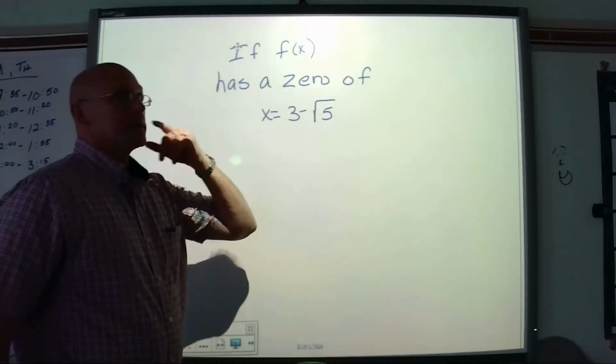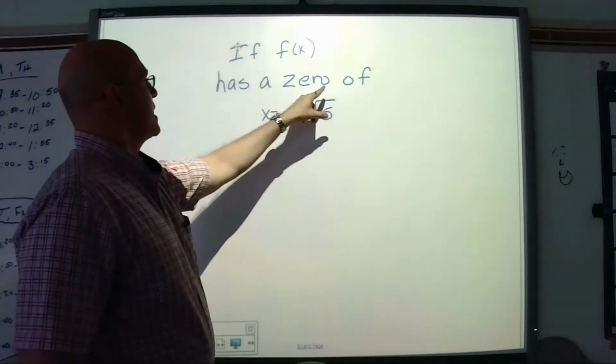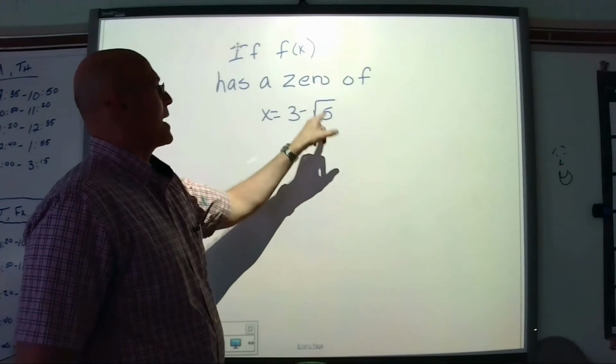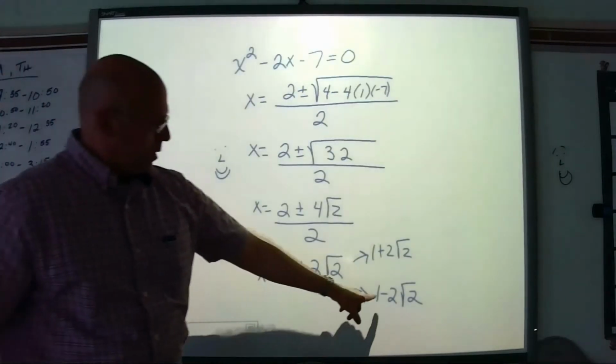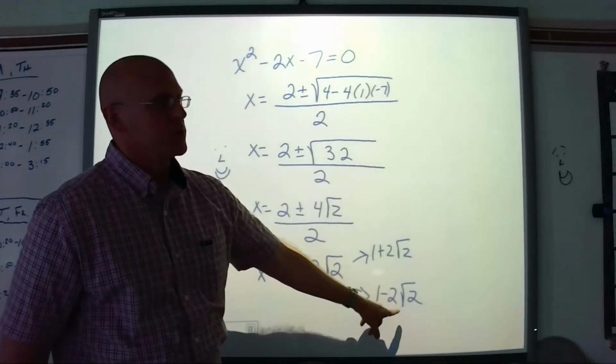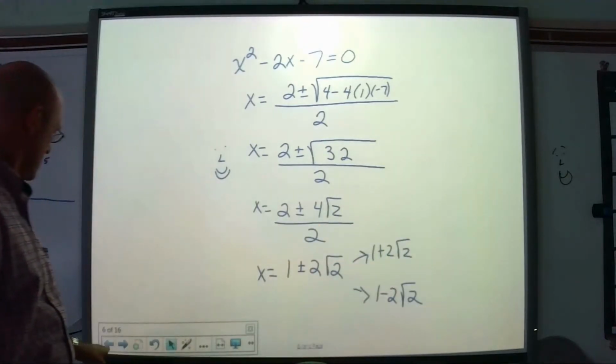Now let's think about this, okay? If f of x has a zero of x equals 3 minus radical 5, I want you to go back and look at what happened here. When I had 1 minus 2 radical 2 as an answer, look what else happened to be an answer. 1 plus 2 radical 2.